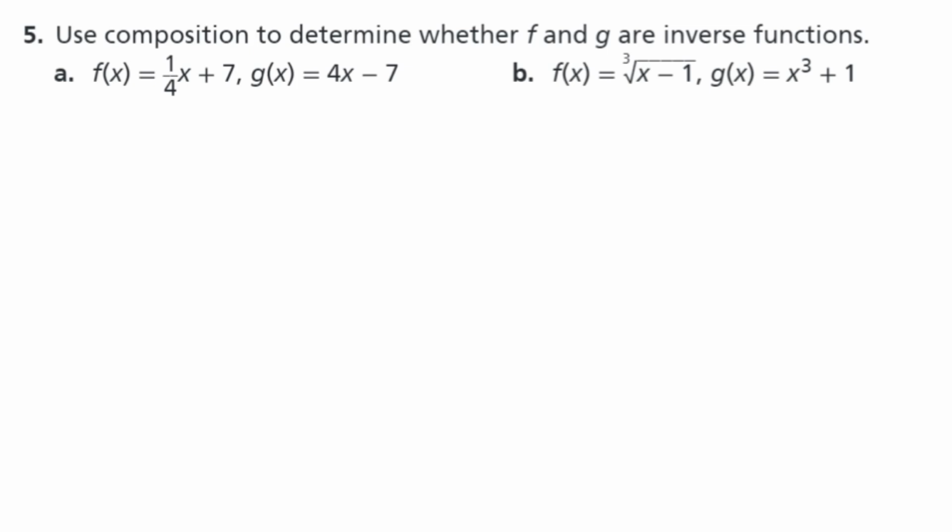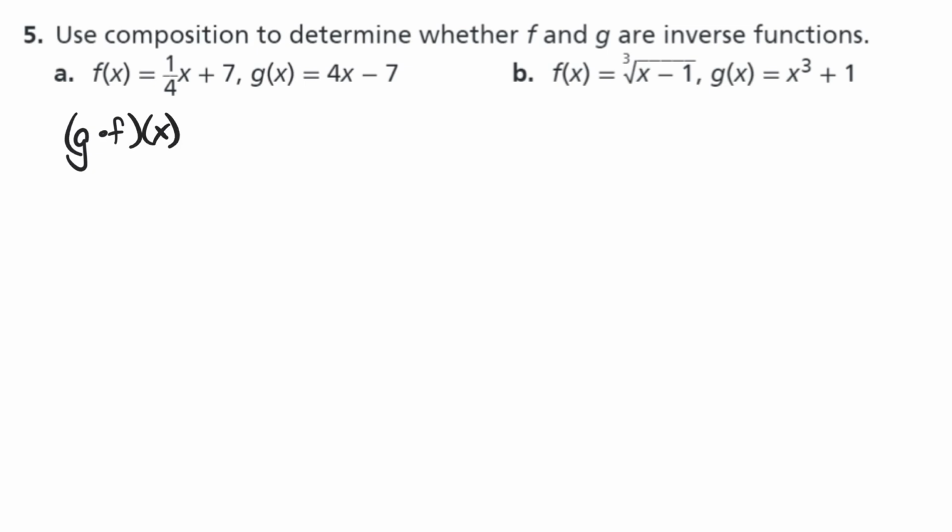Actually, I changed my mind. We can do either one. So I'm not going to do f of g of x. I'm going to do g of f of x.